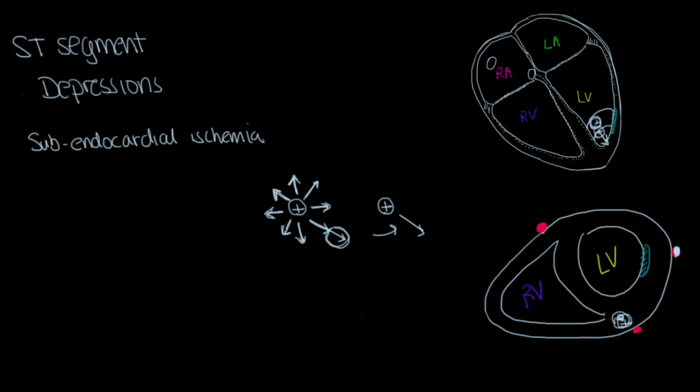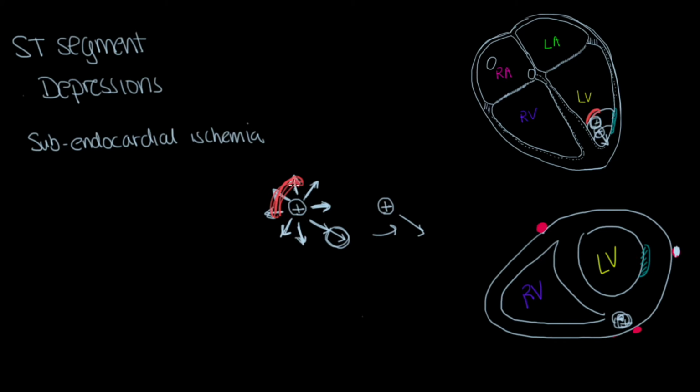So what that means is, if you have any kind of ischemia, for example, on this side of the tissue, so somewhere over here, these cells are no longer able to repolarize, as the cells are dependent on an ATP process requiring oxygen to properly repolarize in time. When this area depolarizes, and these portions are not able to depolarize because they were not able to repolarize in the first place, these vectors, for example, are still able to cancel each other out, but this one is no longer canceled out by that one.